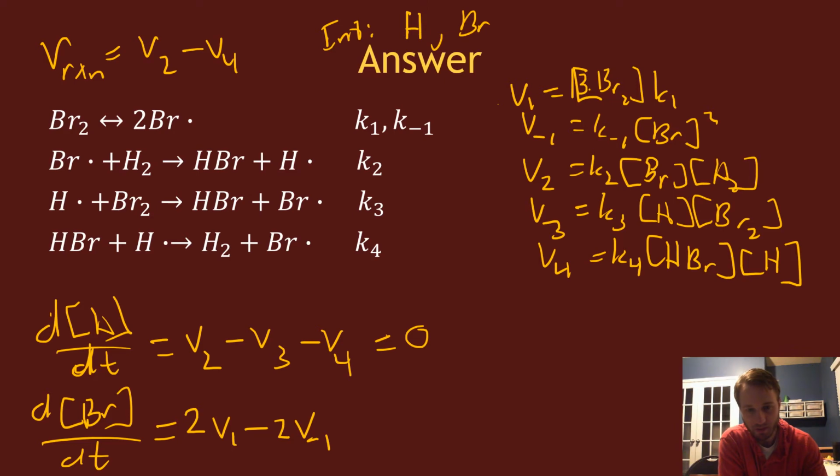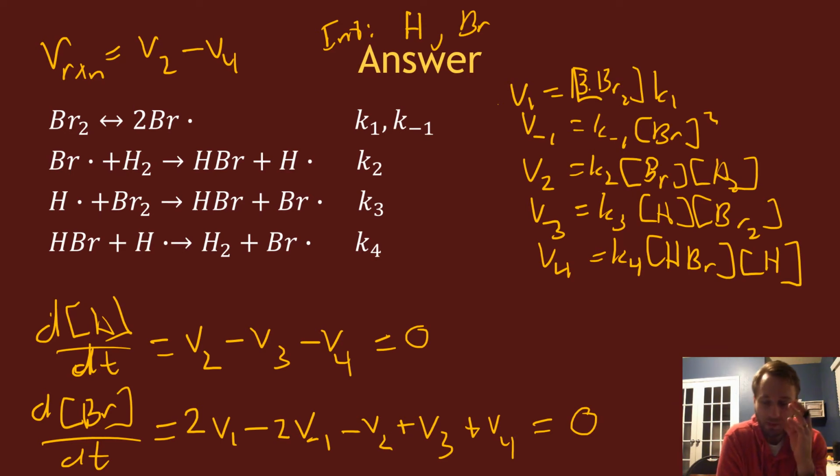Then Br is a reactant in K2, so sadly, Br appears in every last one of these reactions. So it's a reactant in K2, so it's minus V2. It's a product in K3, so it's going to be plus V3, and then it's a product in reaction 4 as well, so plus V4. And all that equals 0.